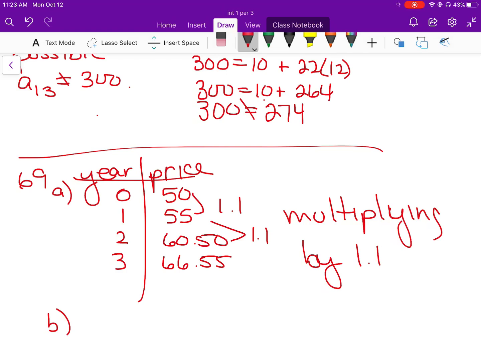And for year 4, you should have got $73.22, and times 1.1 again, times 1.1 again, and you should come out with like $88.58.